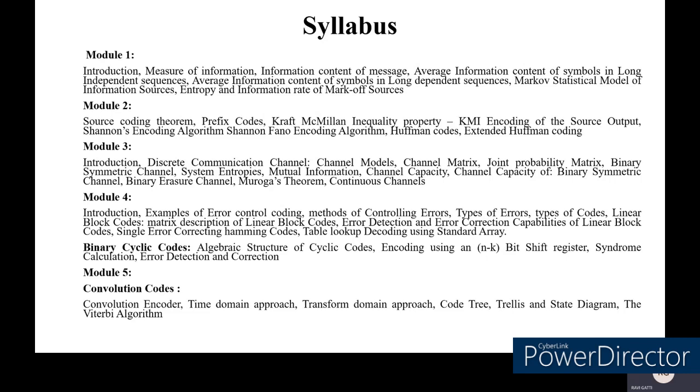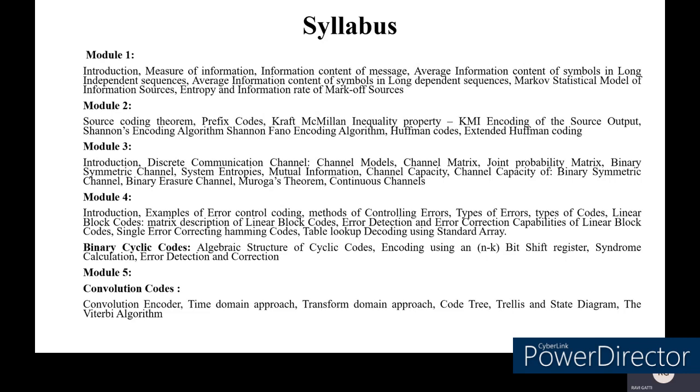For that, we need to use some characteristics when we want to convert the analog signals into digital values. So we will be using a prefix code and the Kraft-McMillan inequality property. Through the use of this prefix code and Kraft-McMillan inequality property, it is possible for us to convert the source alphabets into source codes, so that from the source to destination, we can successfully decode and transmit the given symbol.